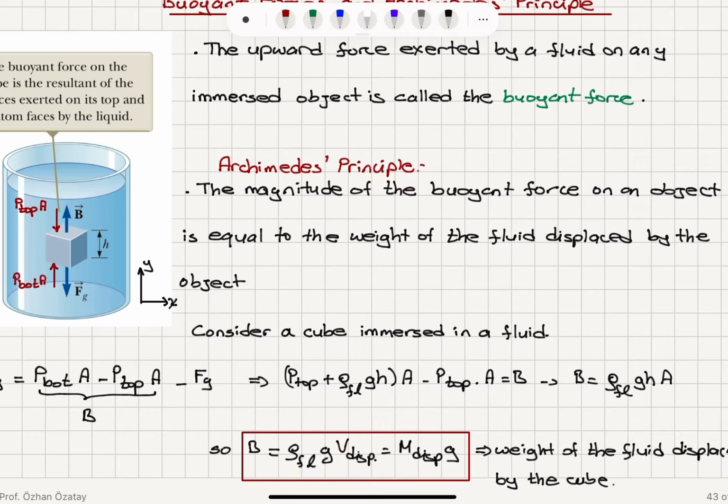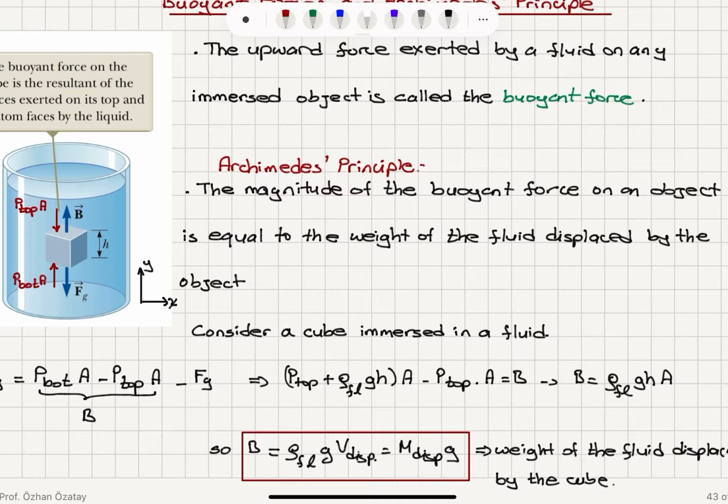So we have P top times A plus rho fluid g h times A minus P top times A is equal to the buoyant force. Why is that? Well, the pressure at the top plus rho fluid g h is the pressure at the bottom.